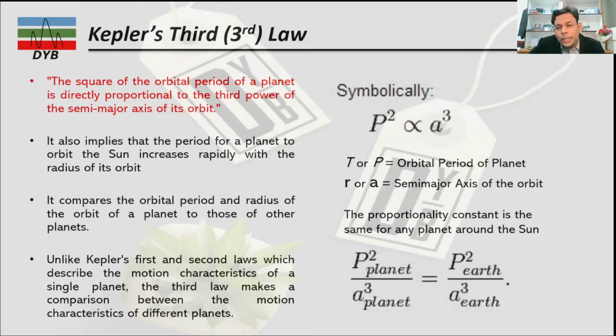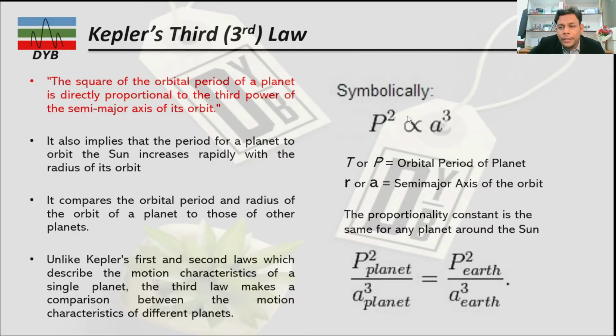Now moving to the third law, which is actually a quite interesting law, proposed in 1619, sorry. It states that the square of the orbital period, which is P squared, of a planet is directly proportional to the third power of the semi-major axis.